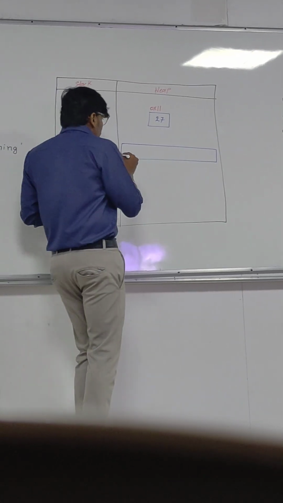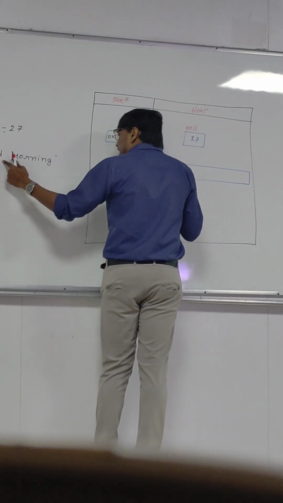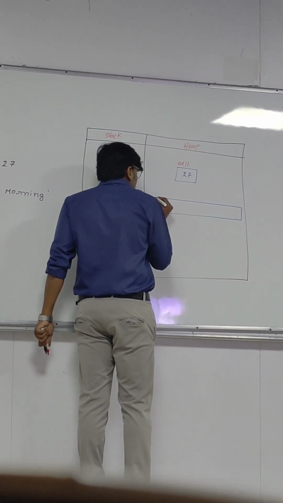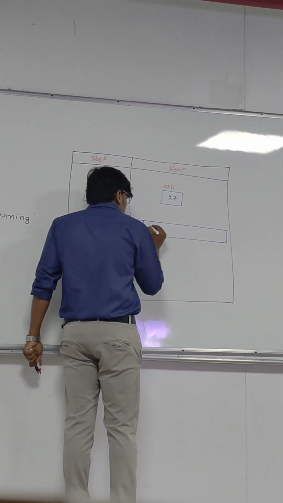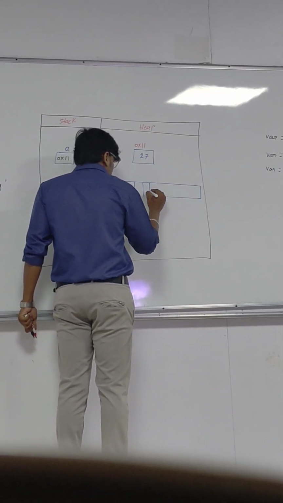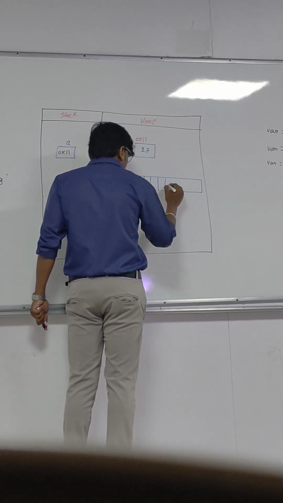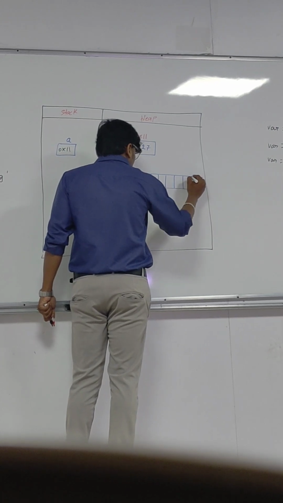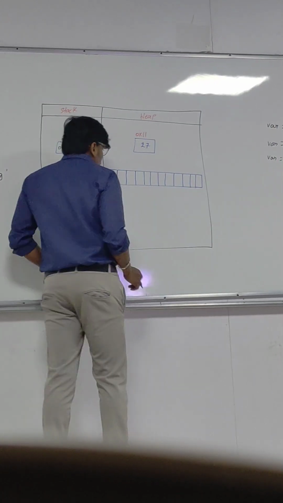How many memory blocks will there be? As many as there are characters, so 12. Okay, 4, 5, 6, 7, 8, 9, 10, 11, and 12.